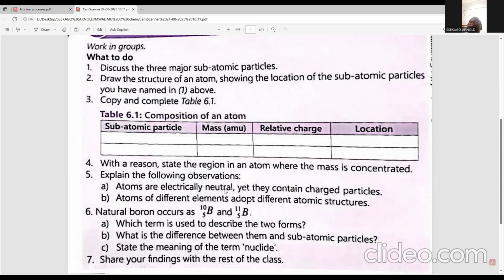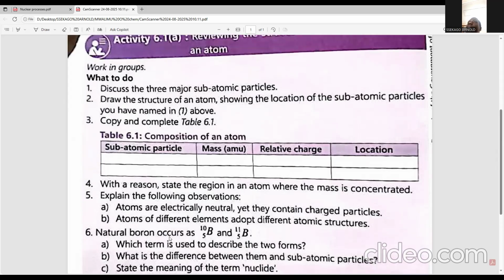They contain electrons that are negatively charged. So they have charged particles. However, we generally say that they are electrically neutral. You research and also give an answer to that question. We saw that in senior 2. You also explain why atoms of different elements adopt different atomic structures.